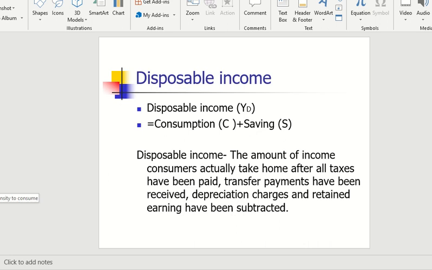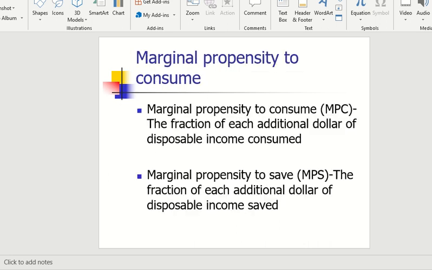Before we go into other determinants of consumption, we are going to dig a little bit deeper into the relationship between income, disposable income, and consumption.